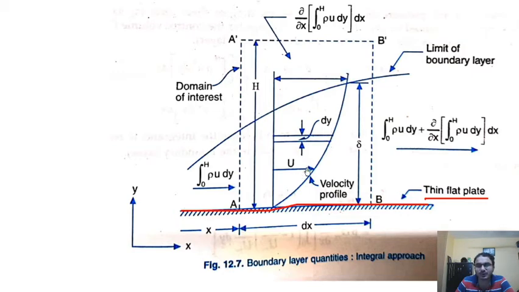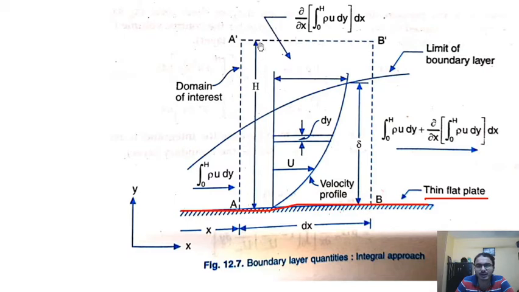So what we have done is taken a control volume over here, that is A prime, B prime, B and A, and it has a length of dx in the x direction. Let us consider this to be the 0 point, so it is at a distance of x, and this is the height.